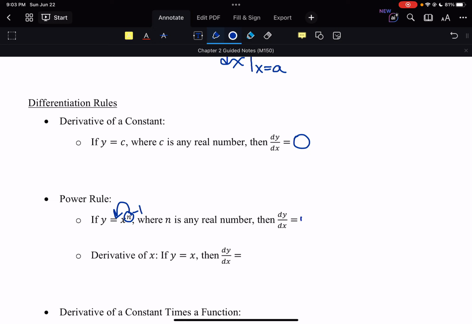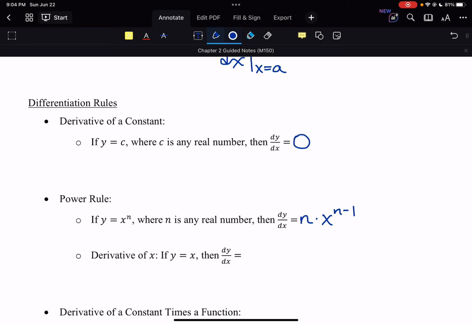So we bring down n times x to the n minus 1 power. So the power rule says if you're taking the derivative of the function x to the n, you bring down the n to the front and then subtract 1 from the power.